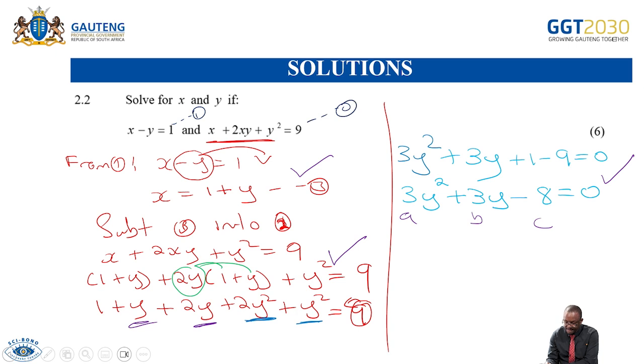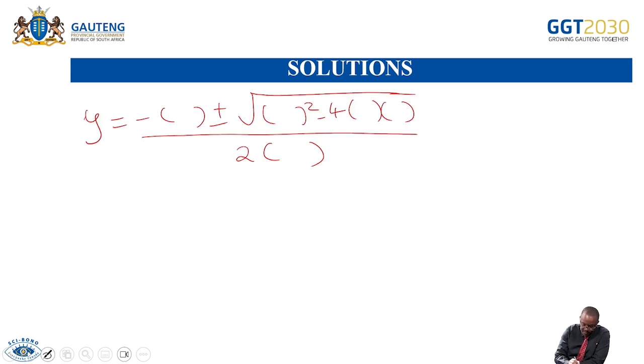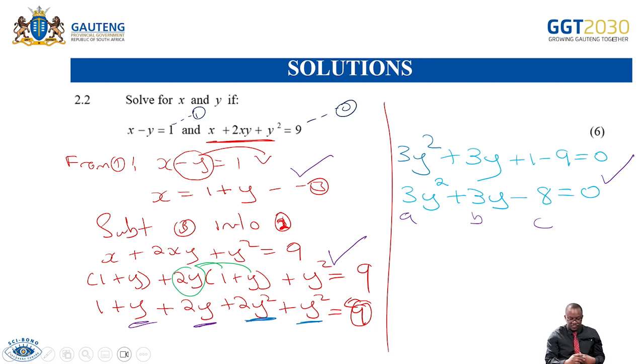We have 3, then we also have 3 there, then we have minus 8, which is C, and your A is 3. That's how we are working with that one there.